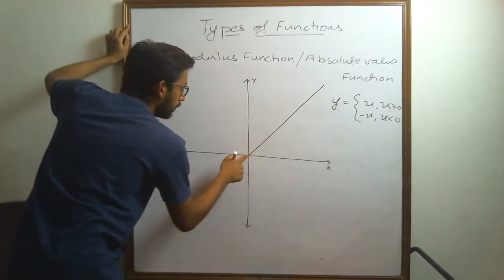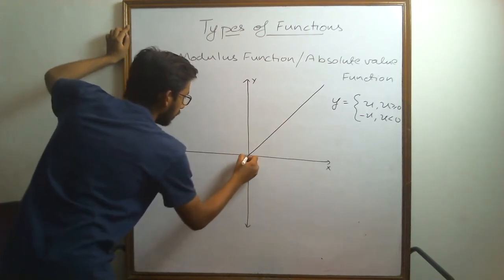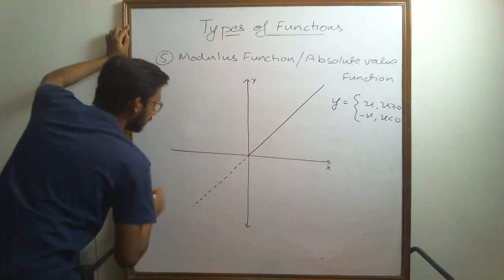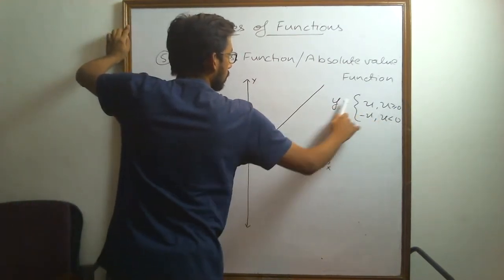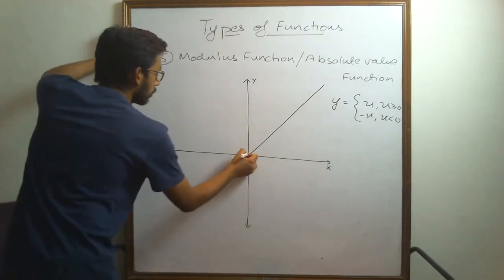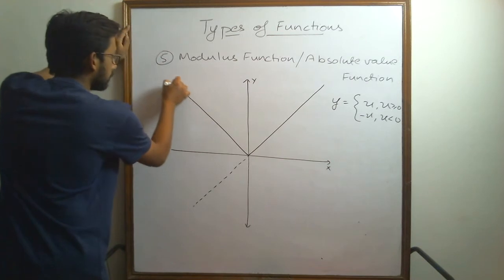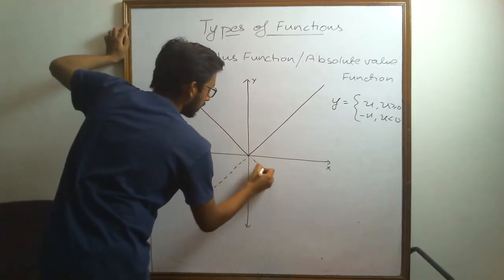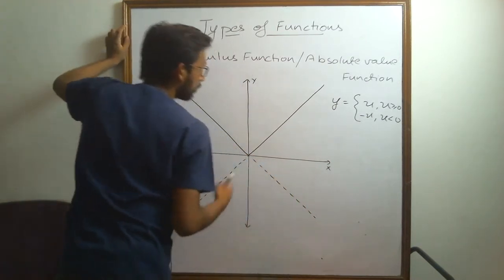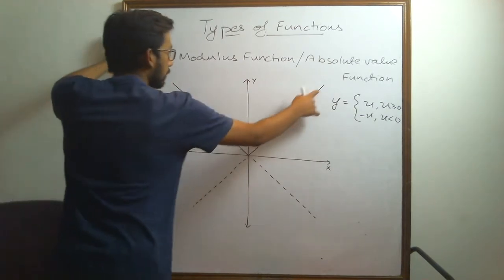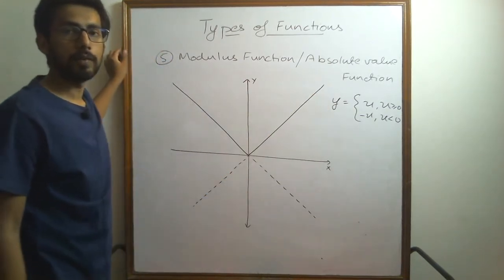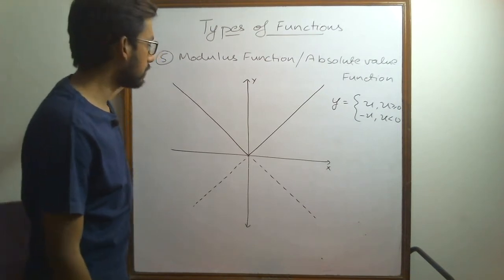But we will be only taking those values which are 0 or positive. We will not be considering this part of the line. For x less than 0, y is equal to minus x. So y is equal to minus x, the line will be like this. We will not be considering this part because we are talking about negative numbers. So the solid line that I have made here, this is the graph of mod x.